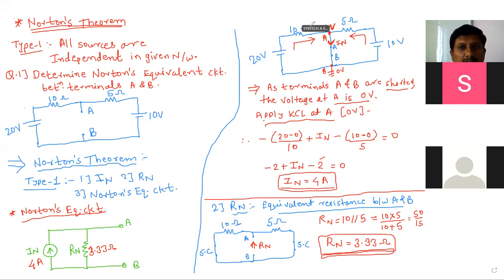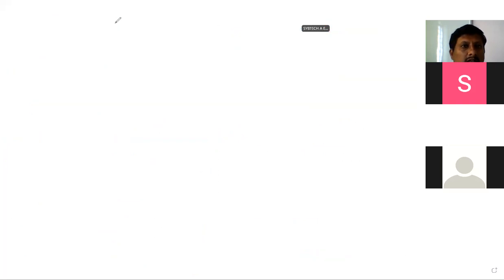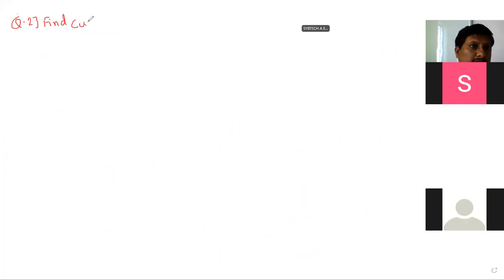Now we can move to the next example, the second example. Everyone has to try this example now. This example was already asked in a university question paper for 4 marks.